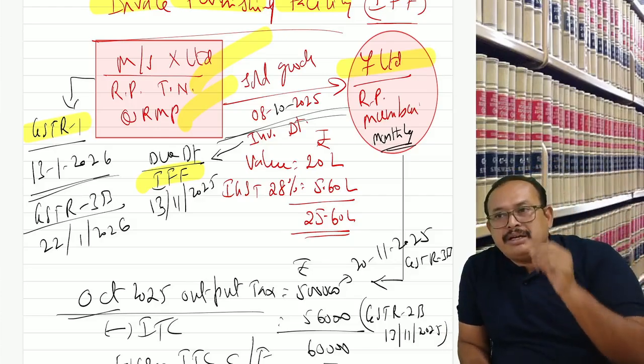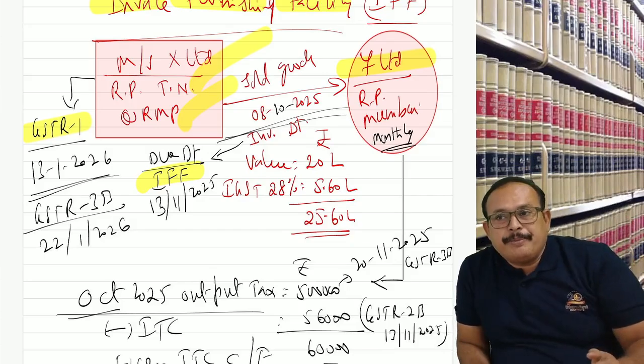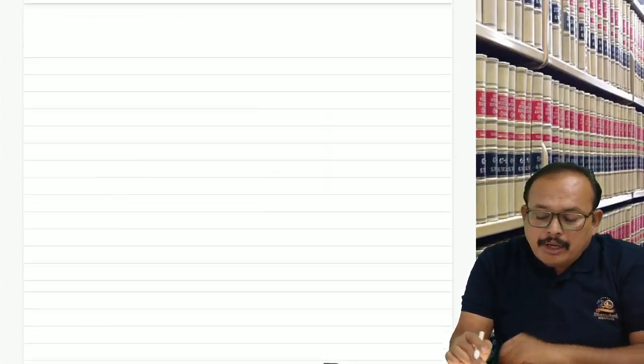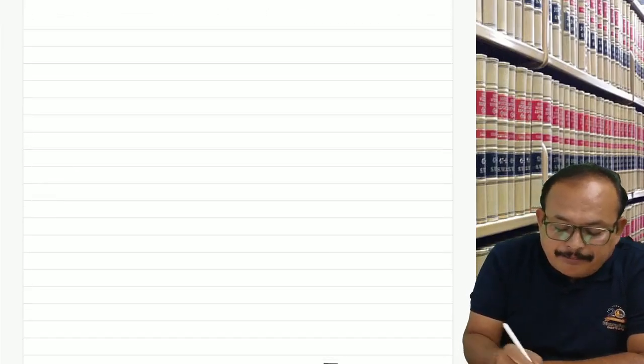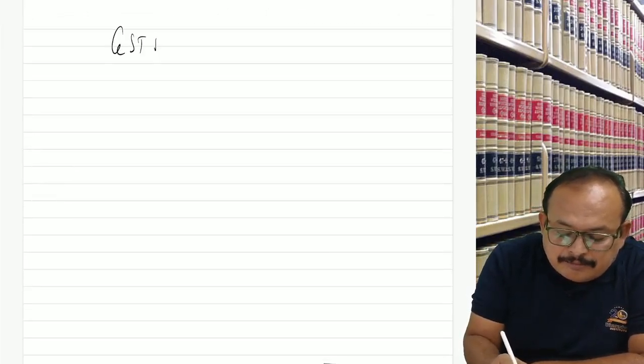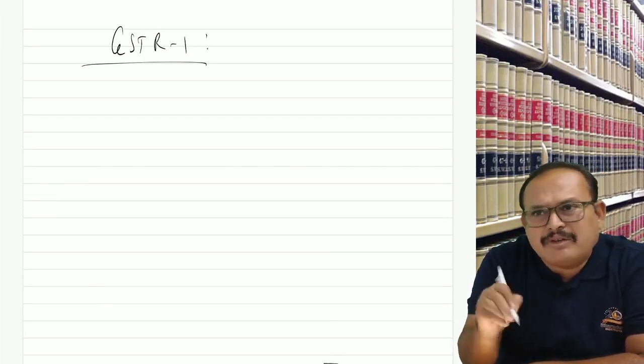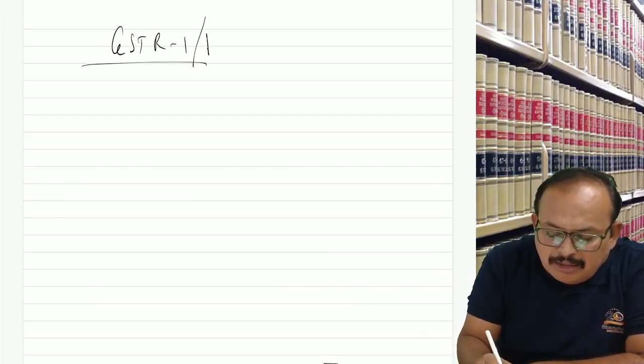With this QRMP is completed. Here amendment is taking place. Transactions, when we talk about the GSTR 1 return, GSTR 1 amendments or GSTR 1A.